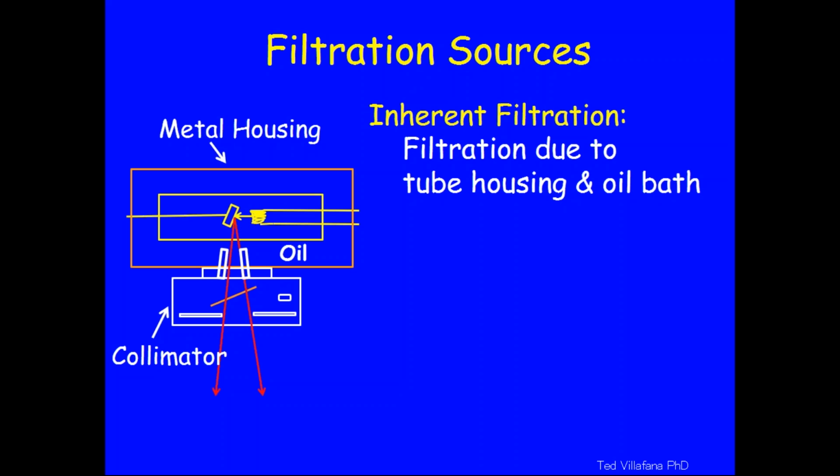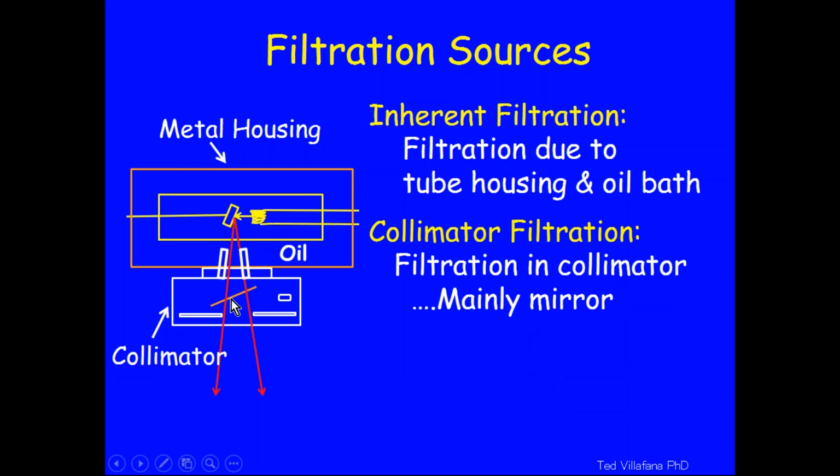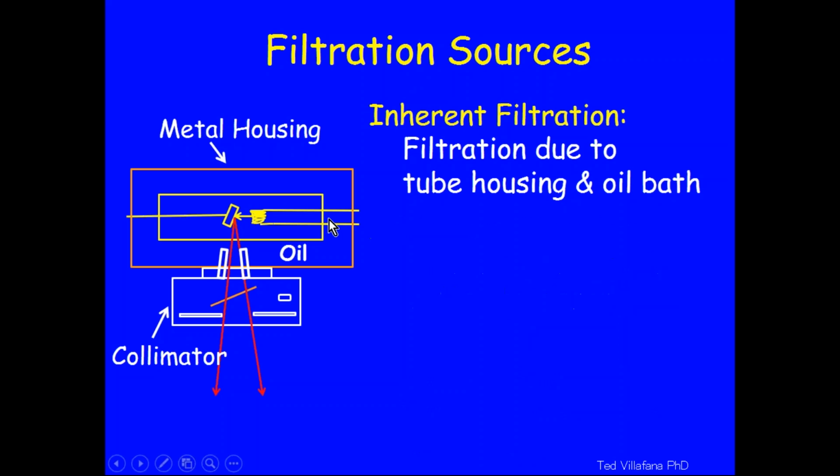And here, go back to the X-ray tube, the housing, the collimator. And of course, remember that the X-rays from the target have to go through the glass envelope. They have to go through the oil. They have to go through the mirror in the collimator. So we have one source of filtration, which we call the inherent filtration. That's due to the tube housing, the glass and the oil, what's happening inside the tube housing, the enclosure given by red over here.